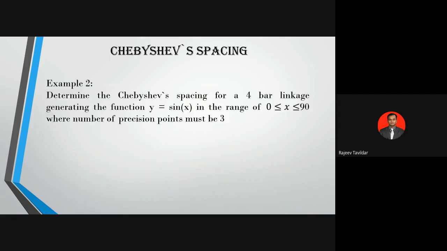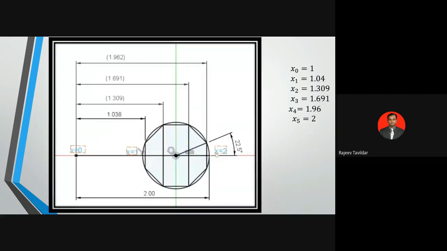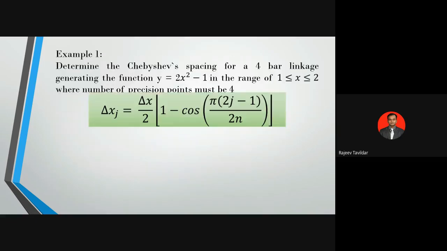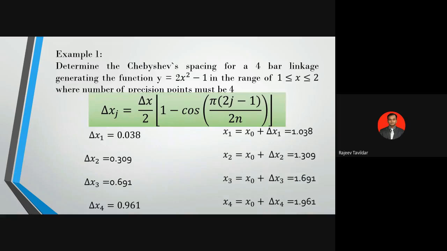In graphical, what we had got is exactly the same: 1.038, 1.309, 1.691, and 1.962. Now, by using the analytical method, what we can ensure is that up to 3 decimal places we are getting accurate results. In graphical, this might be very, very difficult to achieve.